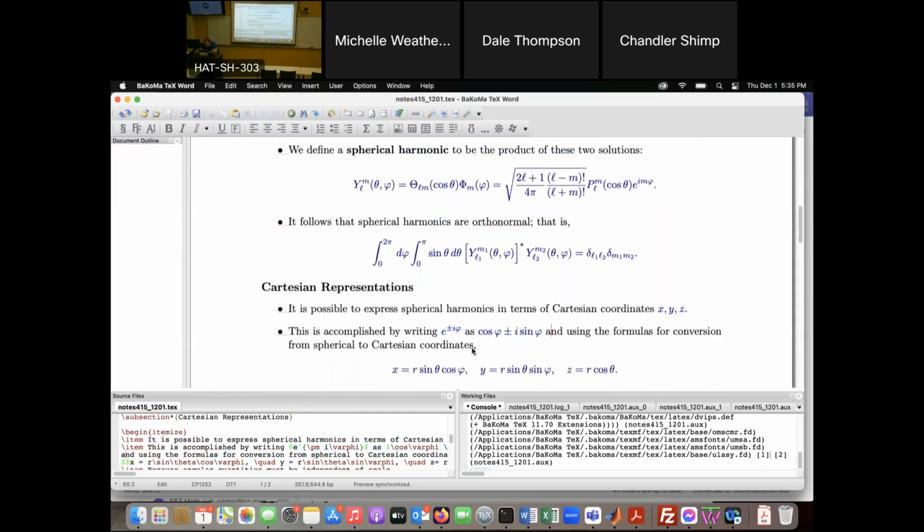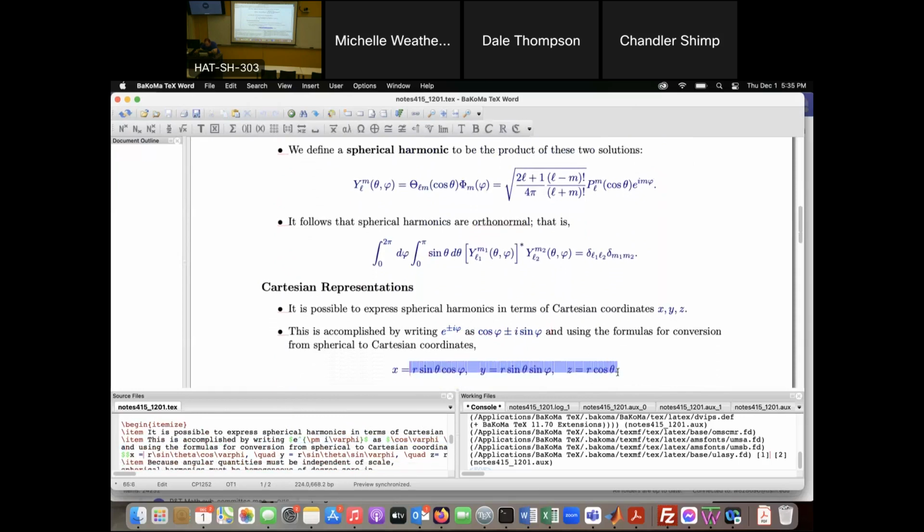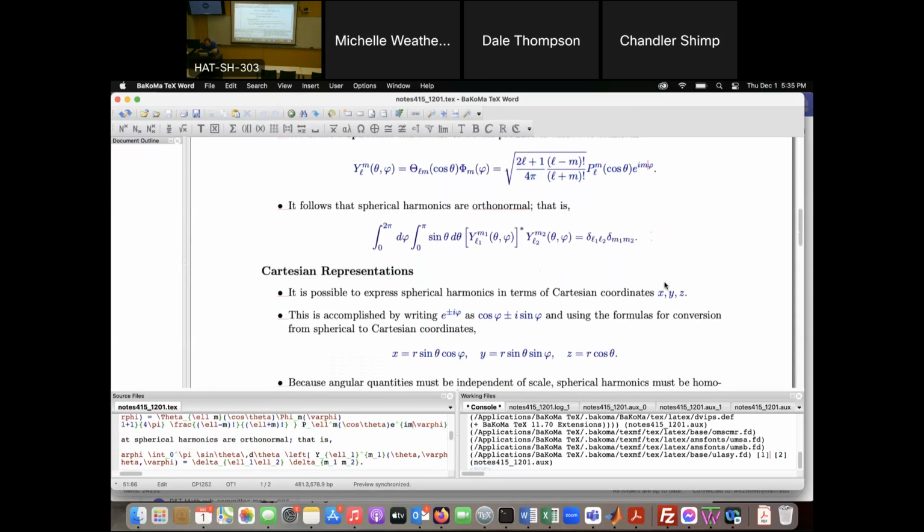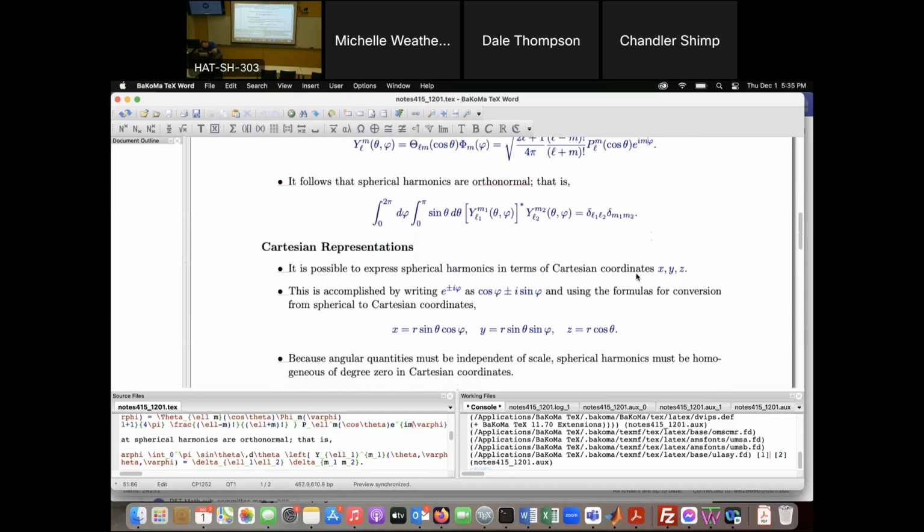And then we end up with these expressions for Cartesian coordinates in terms of spherical coordinates. Then we're able to express these spherical harmonics as functions of x, y, and z. I'm not going to go through the whole process of how one does that, but what I will show you are some examples of the results.